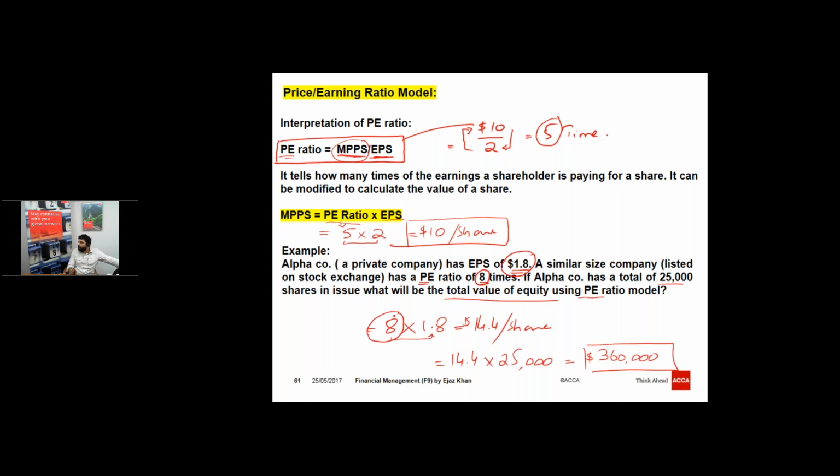Okay, let me ask the people who are saying yes. Taha, let's start from you. Taha, tell me, why are you saying yes? If you are an investor and you see two similar size companies, one listed on the stock market and the other not listed, will you still buy their shares at the same price?